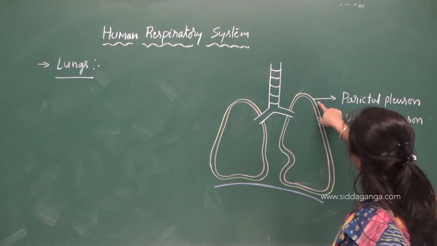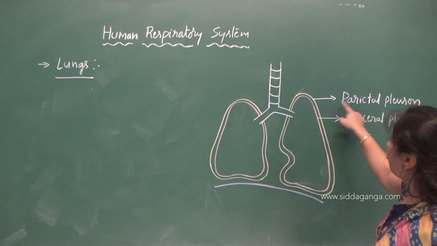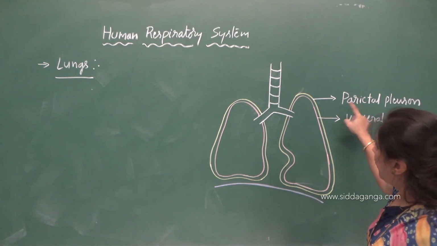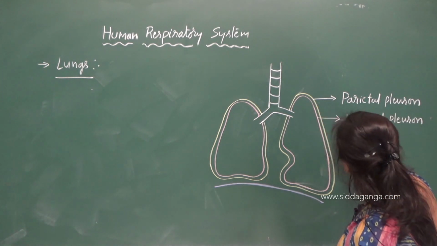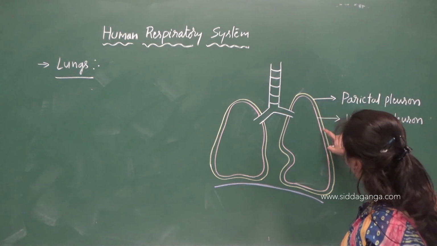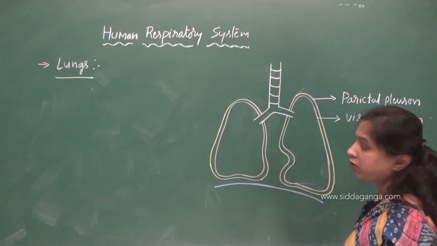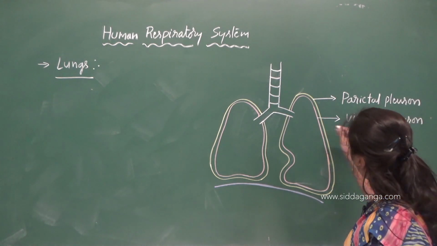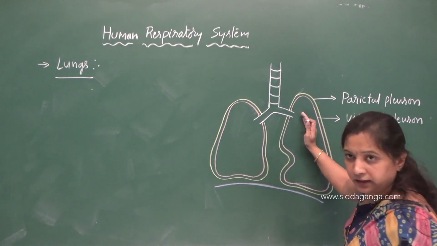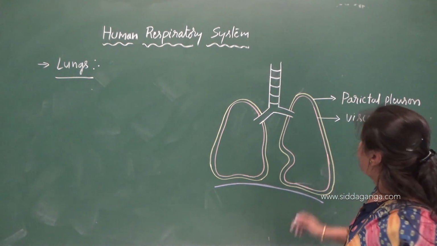The outer is called parietal pleura, which is in close contact with the thoracic cavity. And the inner layer, below the parietal pleura, one more layer is present. That is the visceral pleura. The inner layer is called visceral pleura, and this layer is in close contact with the lung surface.